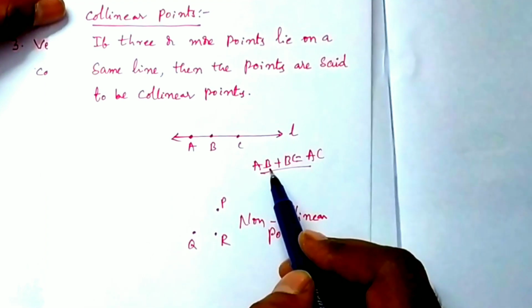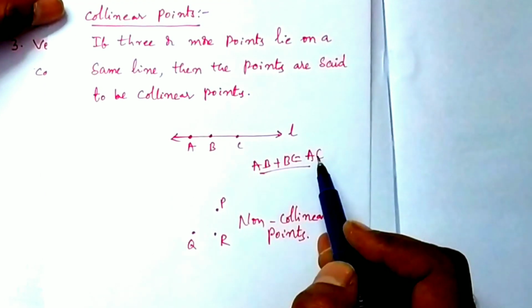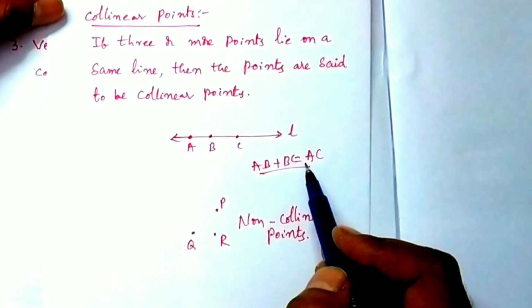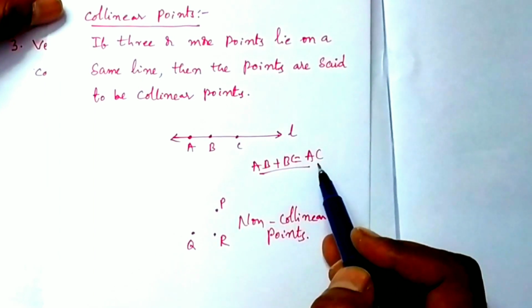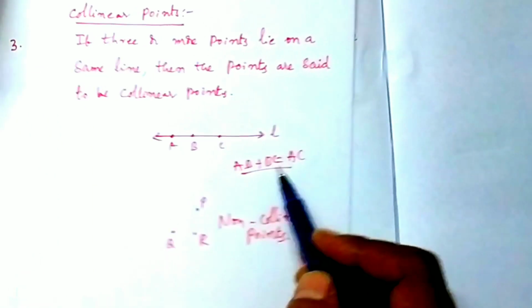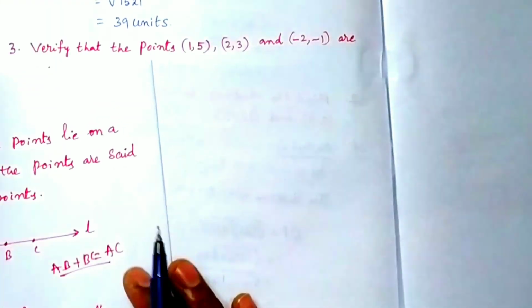Otherwise, if AB plus BC is not equal to AC, then the 3 points are non-collinear points. So by using this condition, we can verify whether the points are collinear or not.